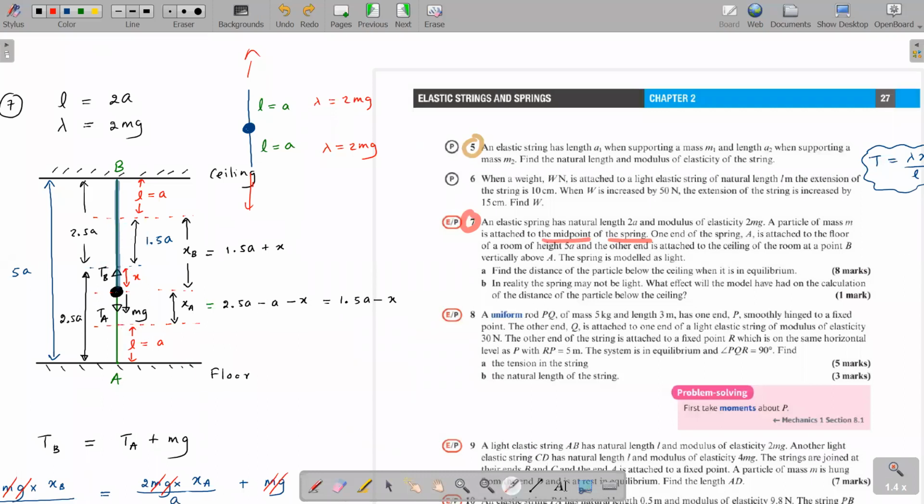This will be further displaced down, right? Because the weight of the spring will also be taken into account downwards, the particle will be further displaced downward, which means the distance of the particle below the ceiling will increase, right? So the distance of the particle below the ceiling will increase. That's what you have to say here. Okay.